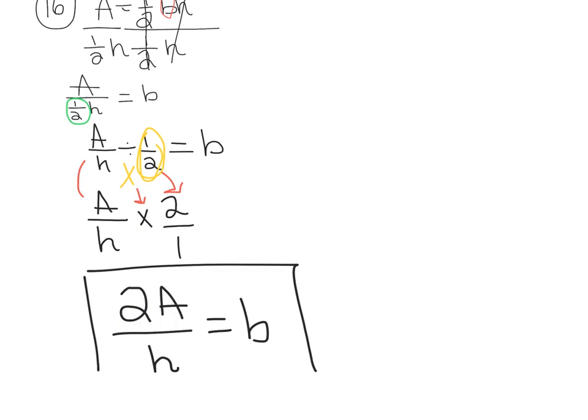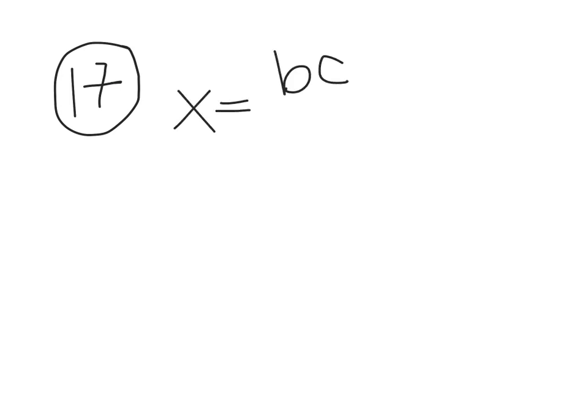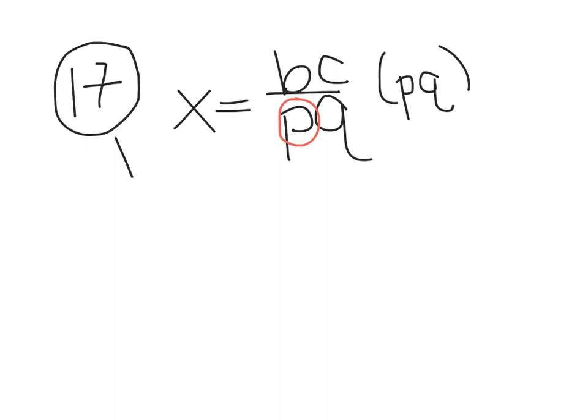Okay, and the last problem we're going to do together, number 17. So number 17 says x equals B times C over P times Q. I want to solve for P. So since the thing I want is in the bottom, I'm going to multiply both sides to get that P out of the denominator. If I do it to one side, I have to do it to the other.